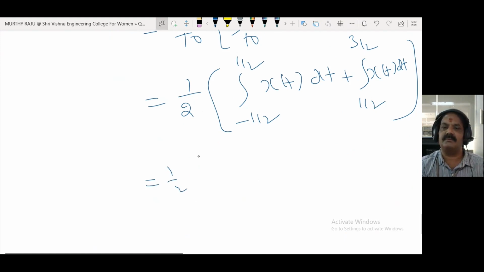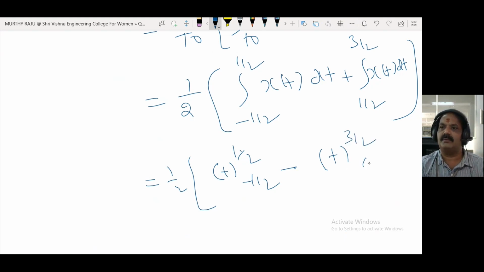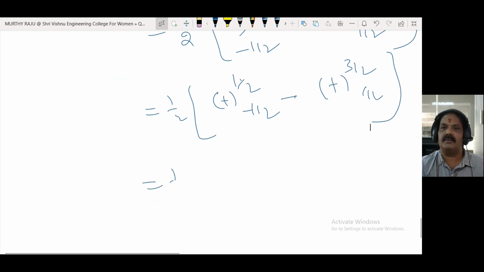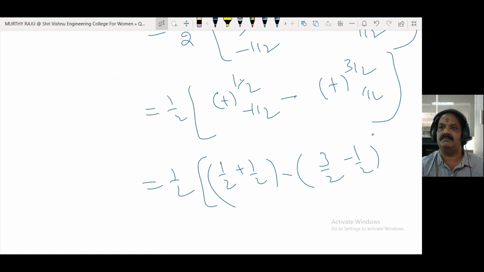That is equal to 1 by 2, integral of 1 dt here, and minus 1 dt here. The integral of dt is t, and in that interval x of t value is minus 1. So 1 by 2 times, 1 by 2 plus 1 by 2, minus 3 by 2 minus 1 by 2.